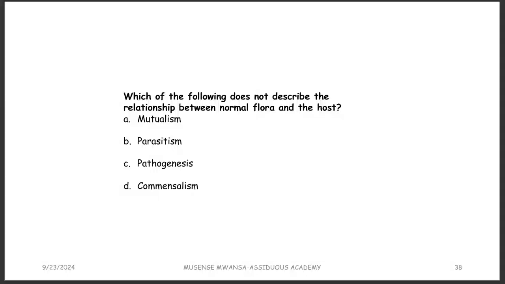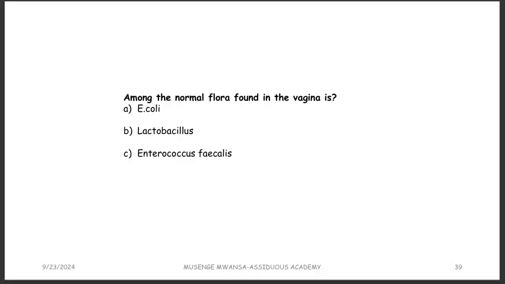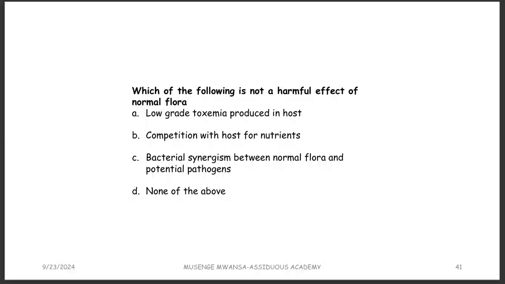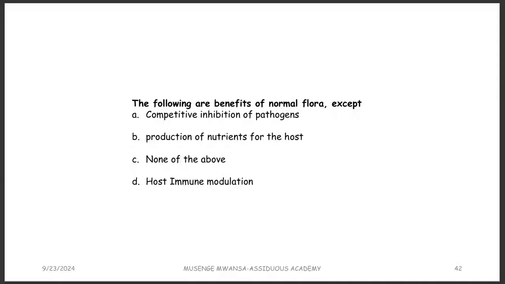Which of the following does not describe the relation between normal flora and the host? Among the normal flora found in the vagina is, which is sterile? Which of the following is not a harmful effect of normal flora? Following are benefits of normal flora except. So that is it. Thank you so much.